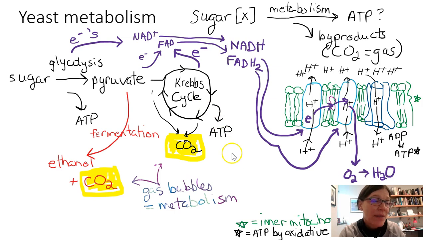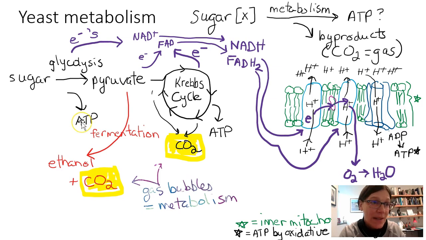But what will happen is cells will switch to the process of ethanolic fermentation. And in ethanolic fermentation, which yeast are capable of doing, a sugar is metabolized by glycolysis to pyruvate, but then that pyruvate, instead of entering the Krebs cycle, is fermented to the molecules ethanol and CO2.